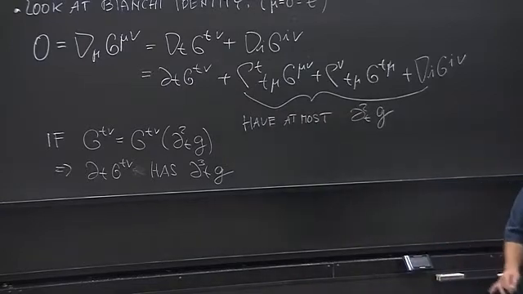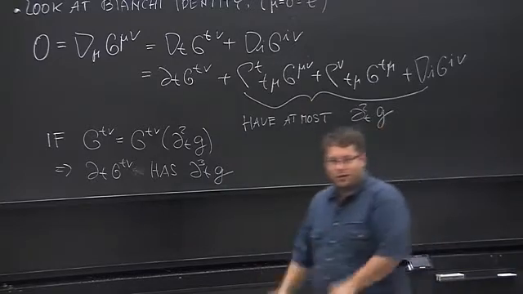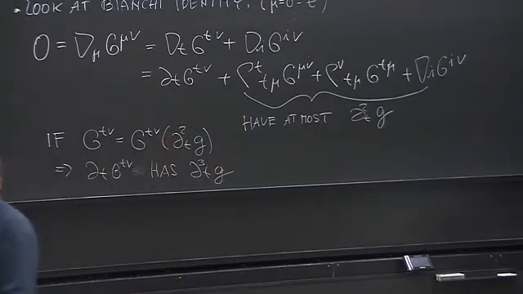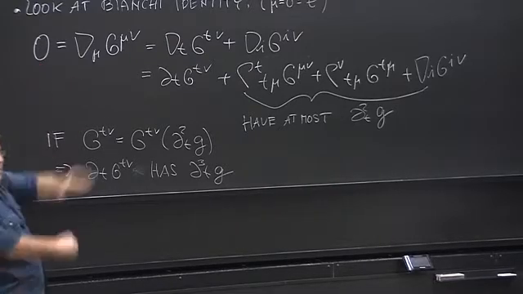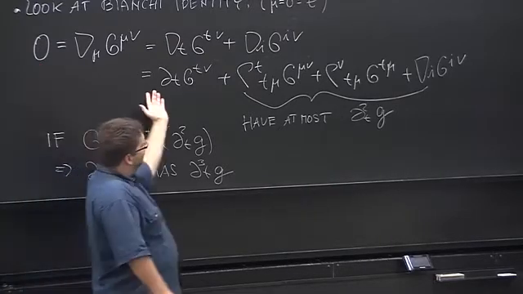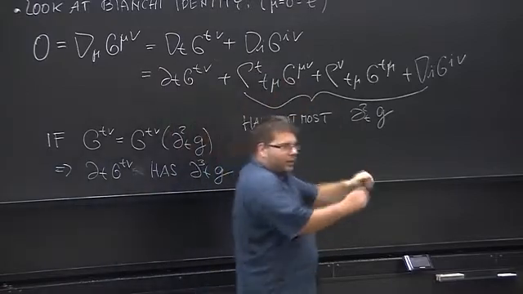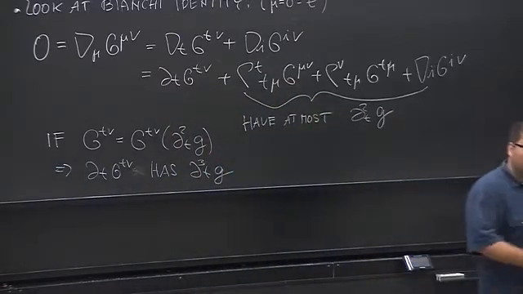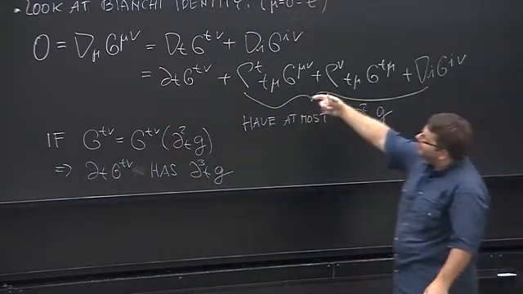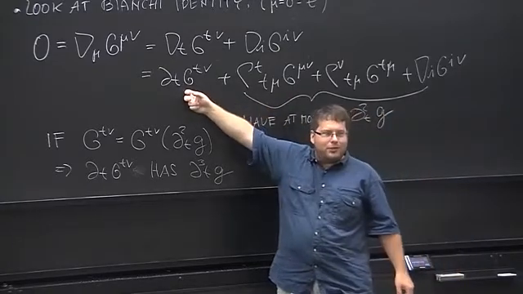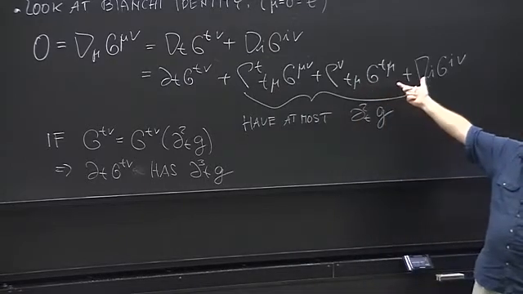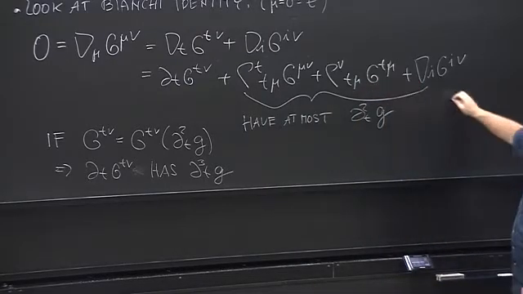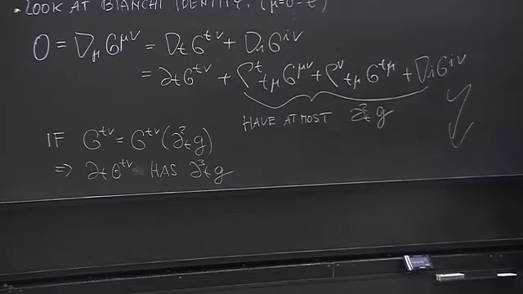But the whole thing is an identity. Identity means that all the terms have to cancel each other so that I get zero. So this is true for any metric whatsoever. No matter what metric I put in, all these terms, when combined together, have to cancel. So I would have to be canceling three derivatives of the metric with respect to time with terms which I know contain only two derivatives of the metric. And that's impossible.